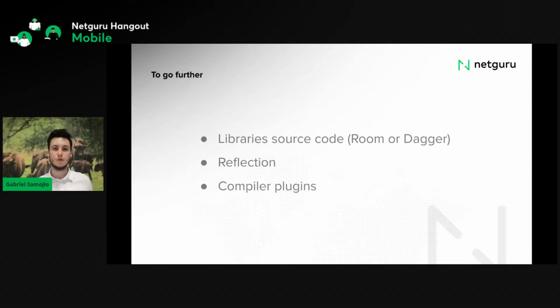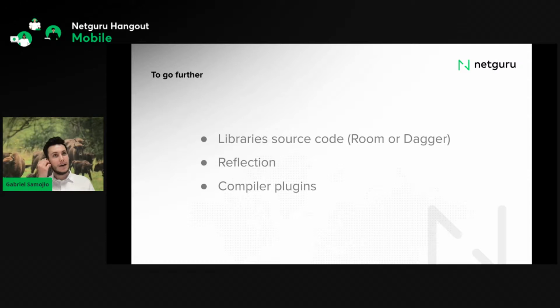Especially, I recommend Room. It's nicely architected, pretty new stuff, I would say. It's really easy to read. You can get a lot of benefit from that. Dagger is another level of complexity, I would say. So it's good to take a look at that, but it's extremely complicated.